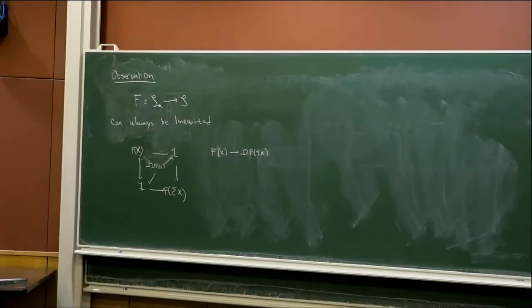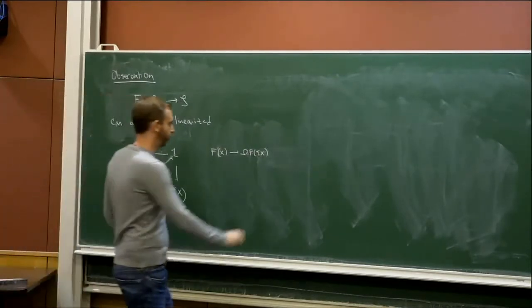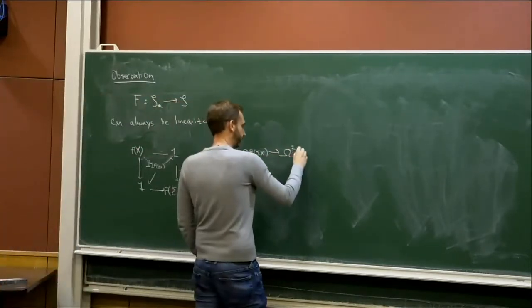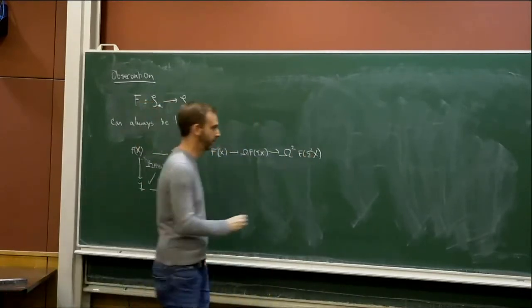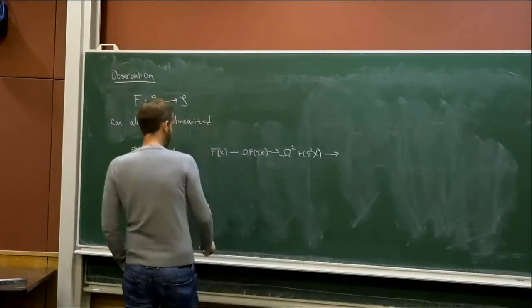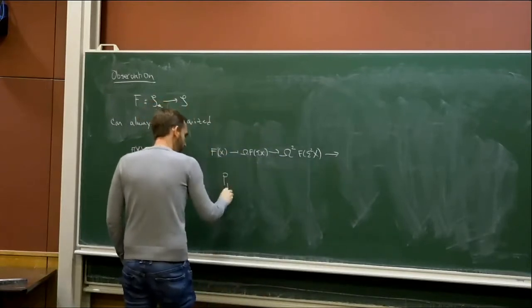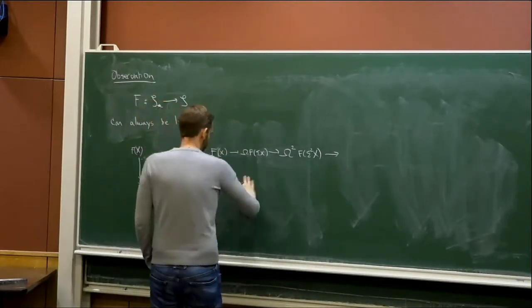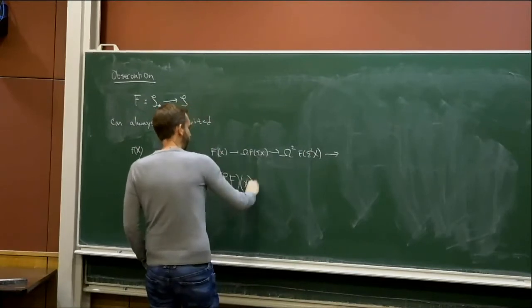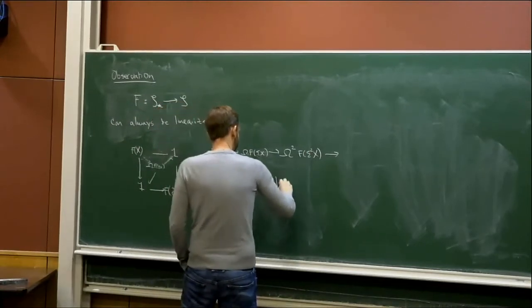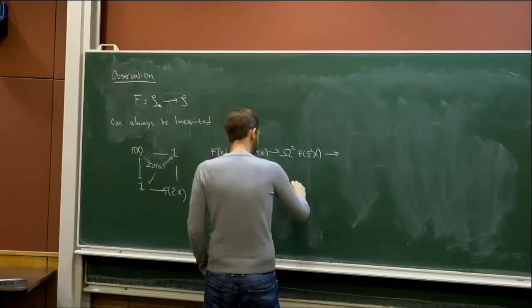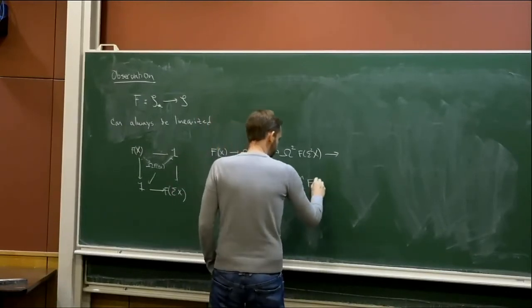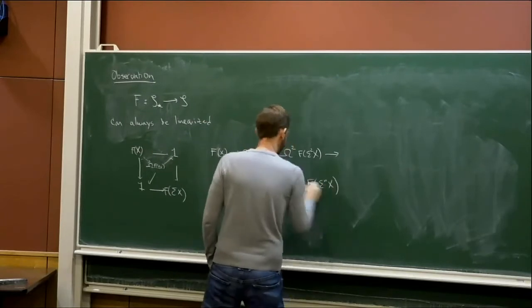But this gives the idea of how to fix this. Just do it again. Sigma x like this, and you can continue the sequence. In general, this is what people call P1 of f. As a functor, P1 f of x is the colimit, as n goes to infinity, of loop n f sigma n x.